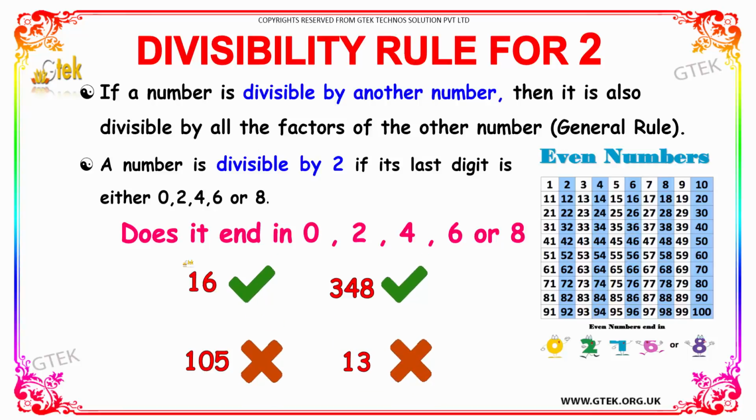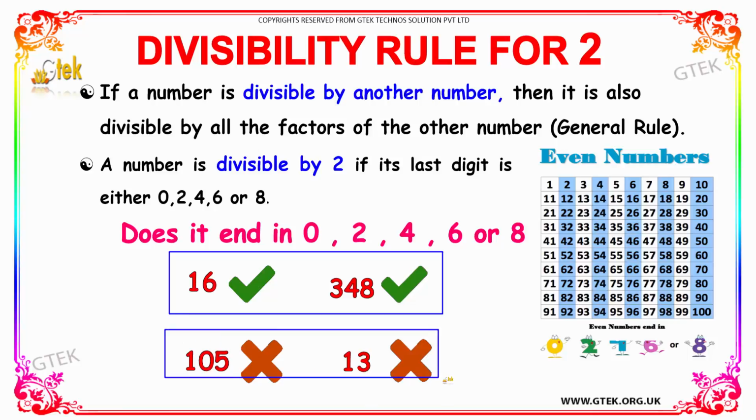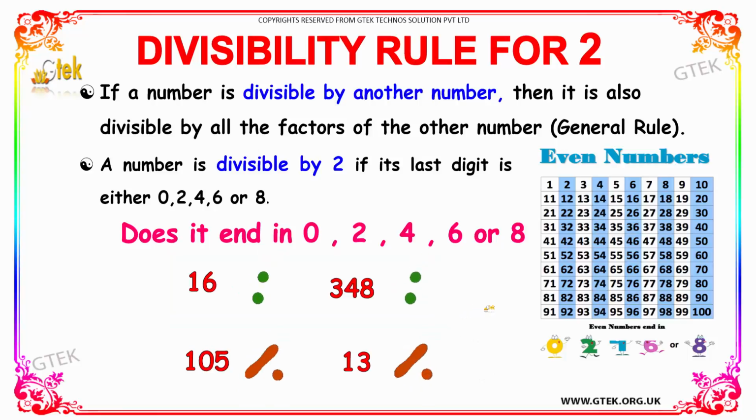Hence, these are the numbers which are divisible by 2, and these are not divisible by 2. So this is the divisibility rule for 2. Any even number, that is ending with a multiple of 2, will be divisible by 2.